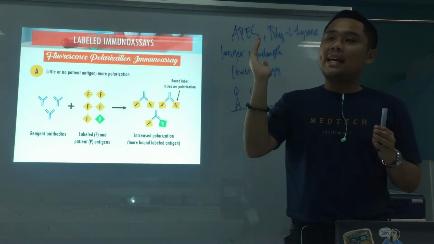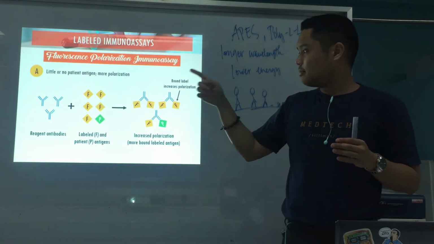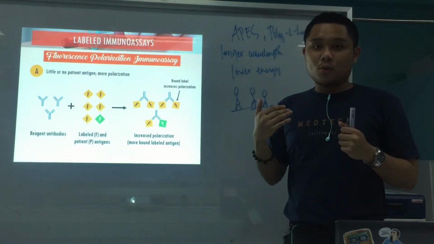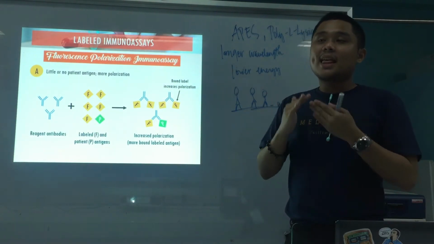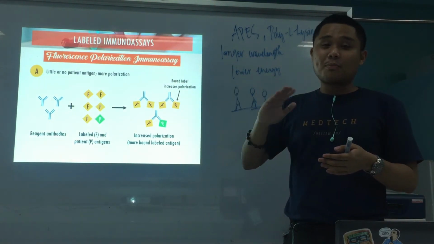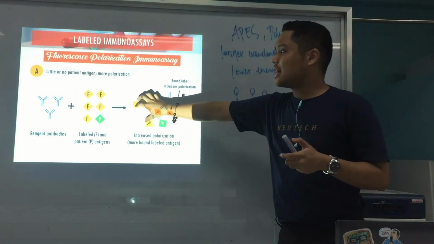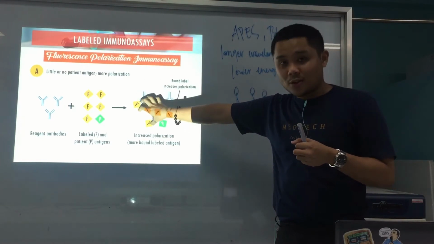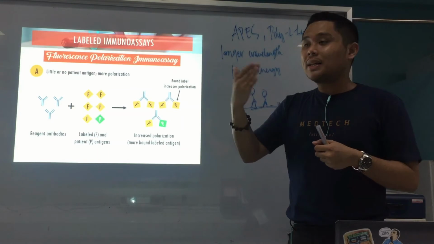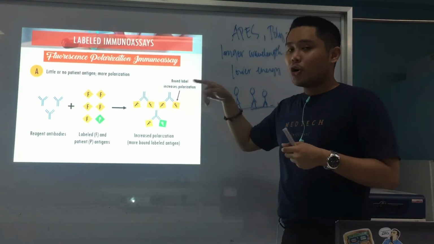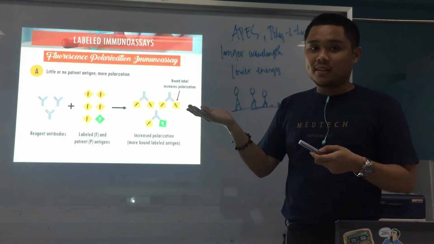Meaning, the light from your immune complexes. What did we say? If the molecule is large, for example an antigen-antibody complex, then polarization increases. Since more labeled antigen is bound to the antibody, polarization increases, brought about by the reaction of your labeled antigen with your antibody reagent.